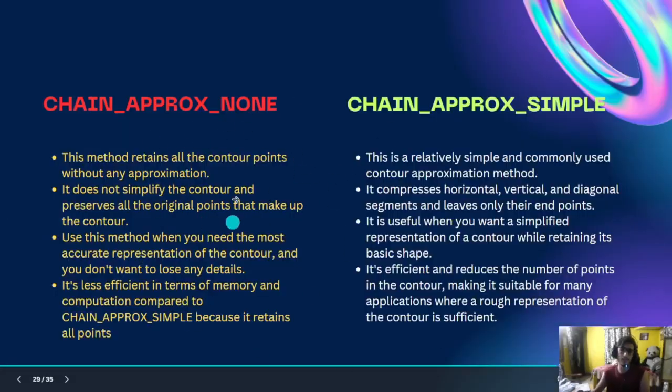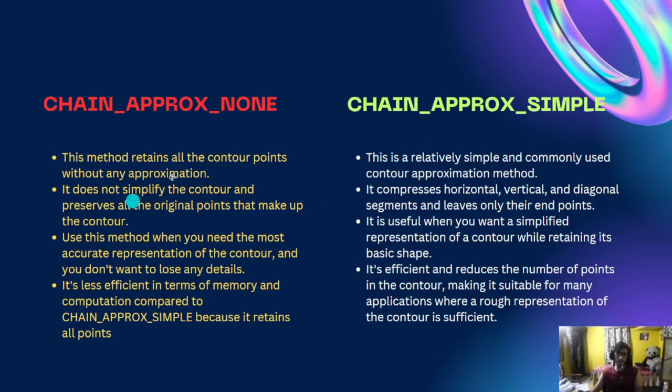Okay, this is chain approx none and chain approx simple. What I told you earlier in the video: chain approx none retains all the contour points without any approximation. It does not simplify the contour and preserves all original points that make up the contours. Chain approx simple is the commonly used contour approximation method. It compresses horizontal, vertical and diagonal segments and leaves only the end points.